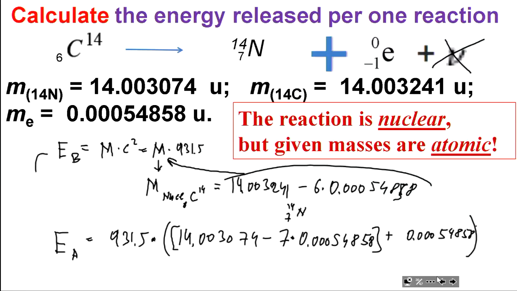If we compare these two numbers, they will not be equal. Assuming the initial nucleus is at rest, that's all the energy it has. But when it splits, those debris also travel. They also have kinetic energy. And the difference between these two numbers is that kinetic energy. That's it.